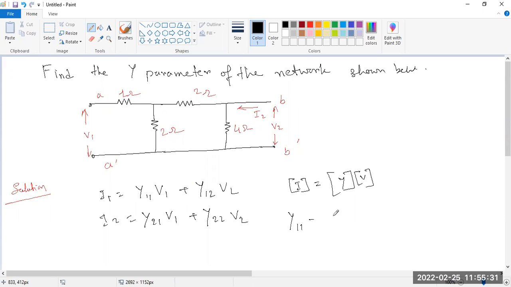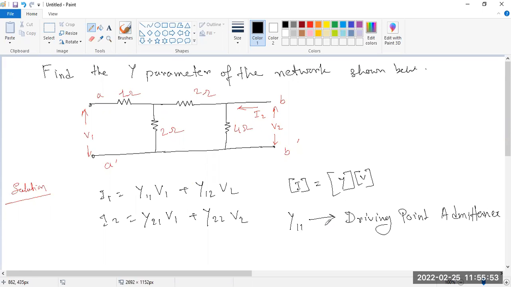Y11 means, just remember, the driving point admittance, or another name is short circuit input admittance.